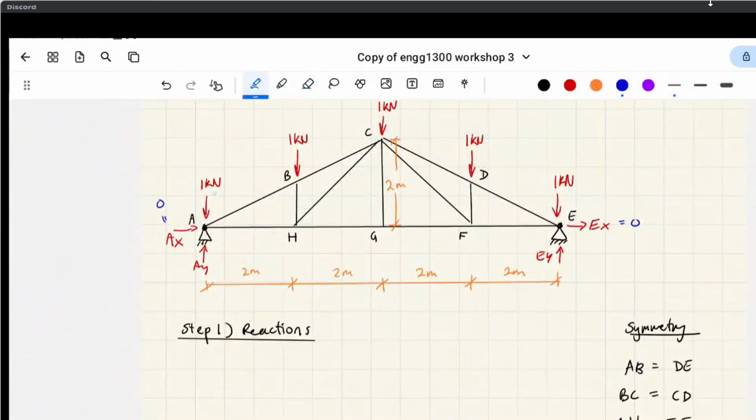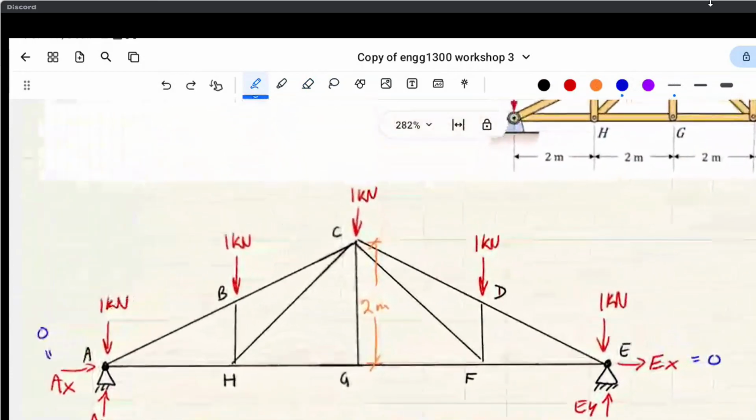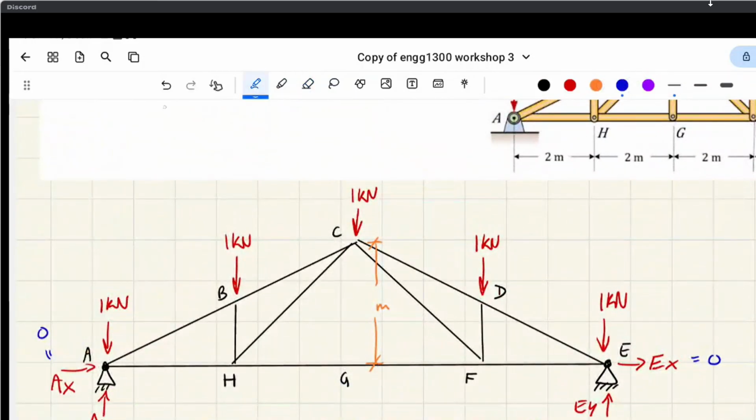This is AB here, this is DE here. Because they're symmetrical, they're going to be equal. And as you saw down below, there's a zero force member right at this joint, and G here is zero force.